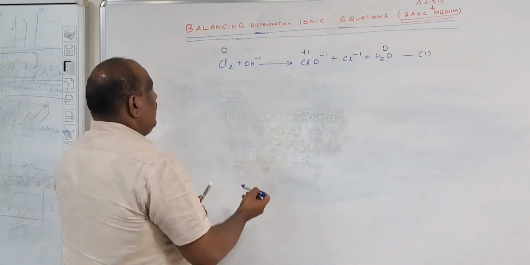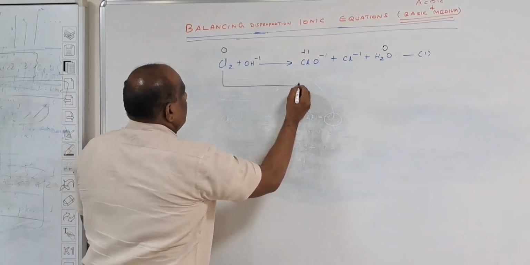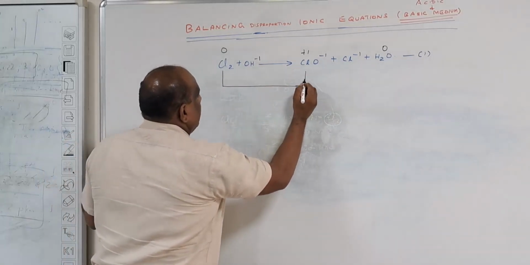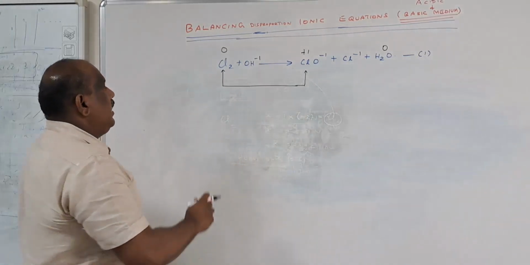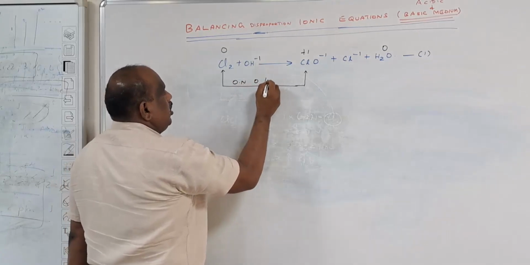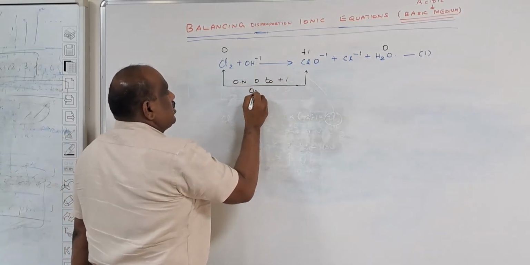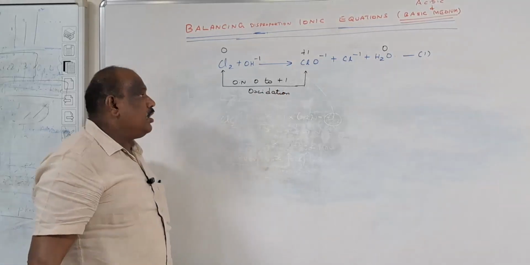Now let us see this chlorine. When I am taking these two atoms, here the oxidation number increases from 0 to +1. So the reaction is called what? Oxidation.